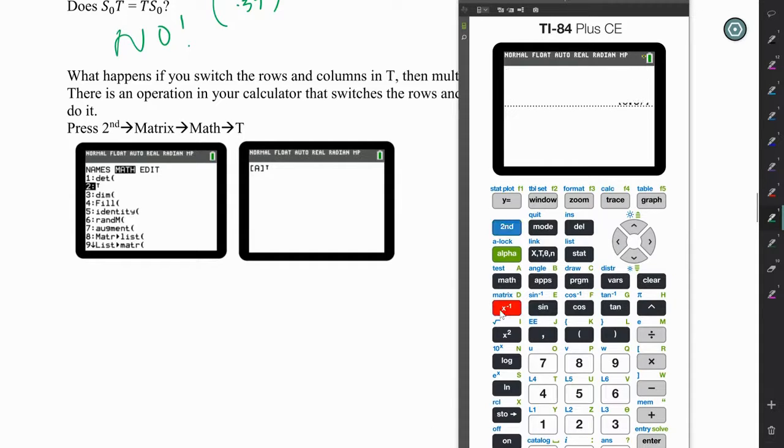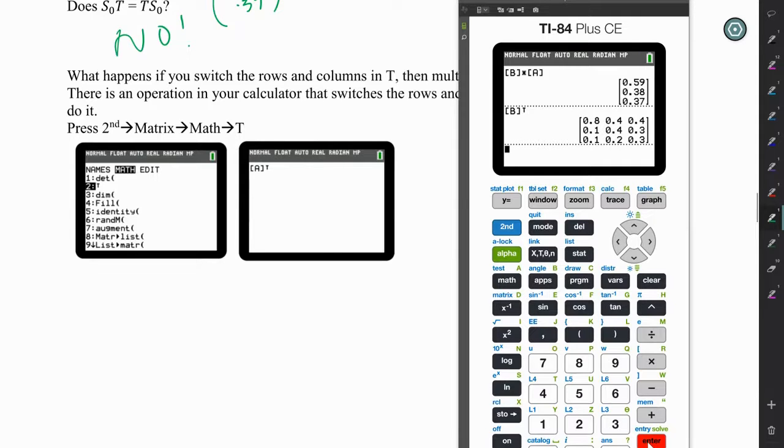If I go into second matrix and pick matrix B, then do second matrix again and go over to math, I'm going to choose option 2. That little T means transpose. It's going to switch the rows and columns for me. Just to show you what that looks like, we can press enter.